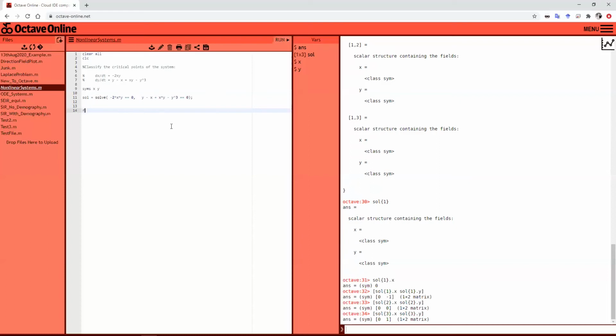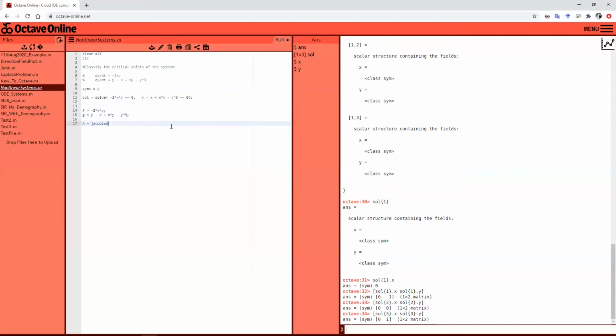So what I'm going to do is type out the 2 equations, f equals negative 2 times x times y, and g is equal to, what was it, y minus x plus x times y minus y cubed. So I've got my 2 functions here, and I want to calculate the Jacobian of these 2 functions. And how I do that in MATLAB or Octave is using the jacobian command.